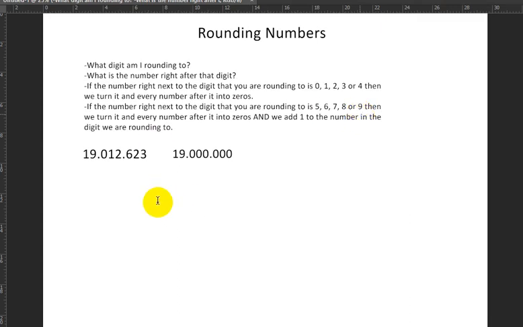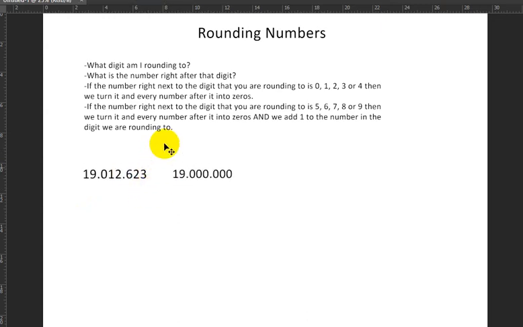Let's explain that. There's no way to understand this without actually seeing examples of it. So, in this example, this is what I would have done if someone had given me this number and had told me, round this number to the hundreds of thousands, right?